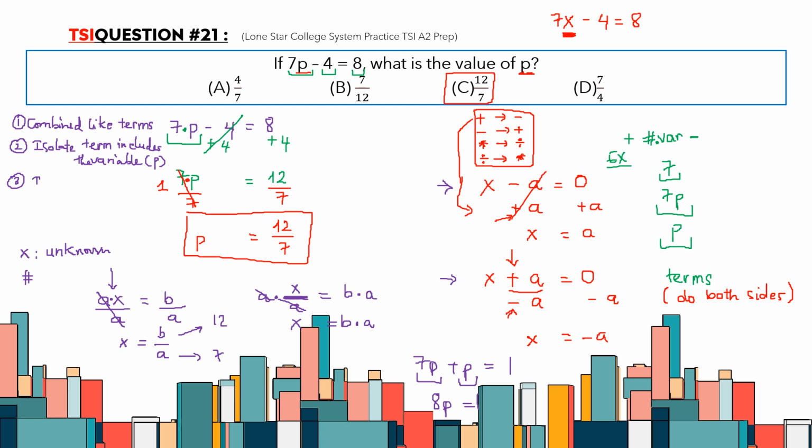Then we isolate the variable, in this case p. And then step 4 is we answer the question.